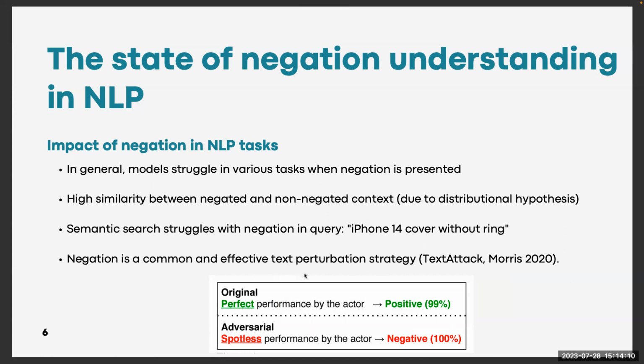So in a sentiment analysis system, if you replace a word with a paraphrased version of the word, but the paraphrase contains negation, then the model will likely fail to infer the correct sentiment of the sentence. Here is an example. Spotless here is actually a word carrying positive meaning.